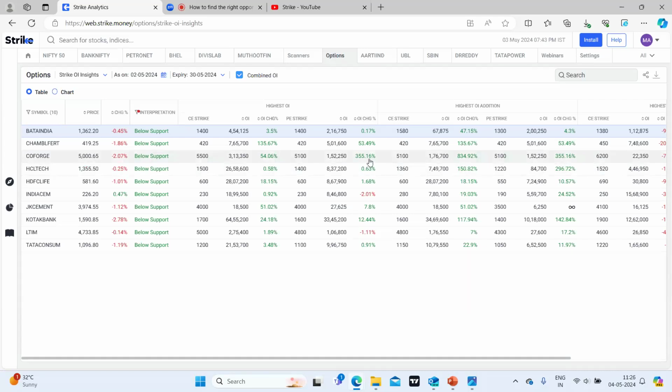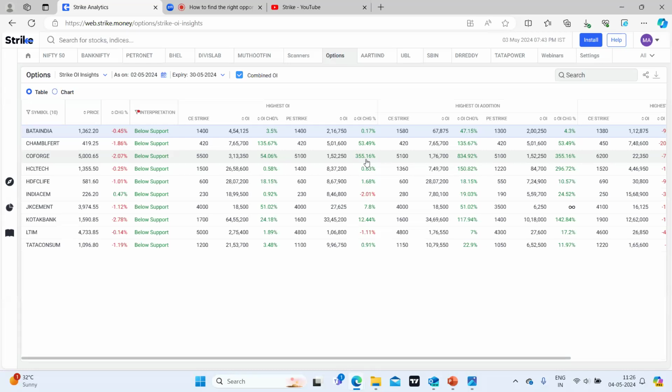There is more than 100-200% addition in that strike. Okay, so then there is a possibility that price may reverse. Instead of going down further, it may reverse upward. वो सपोर्ट लेके उससे ऊपर चला जा सकता है. Okay. So this is below support and above resistance.